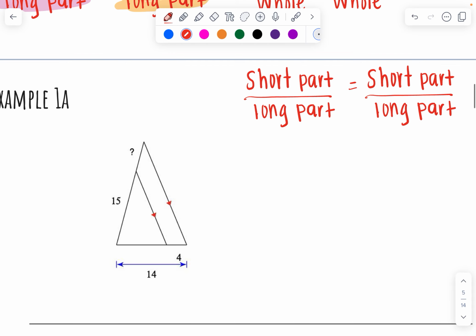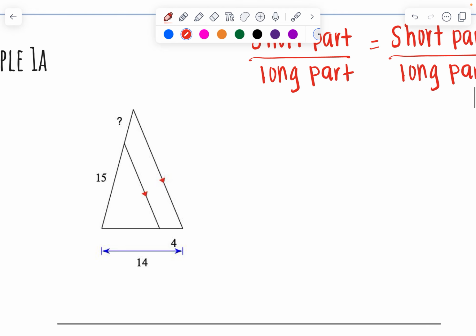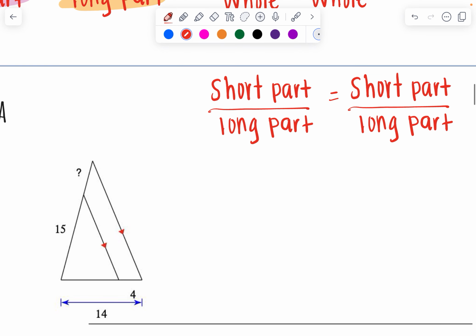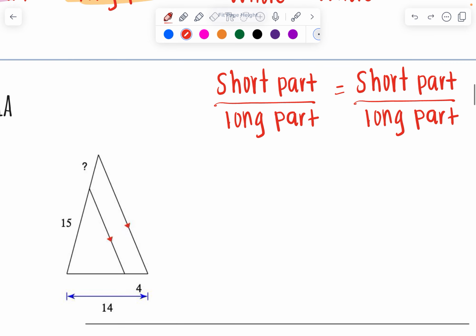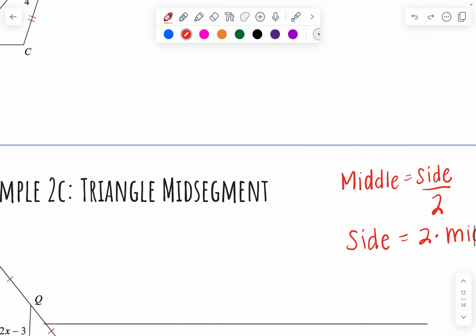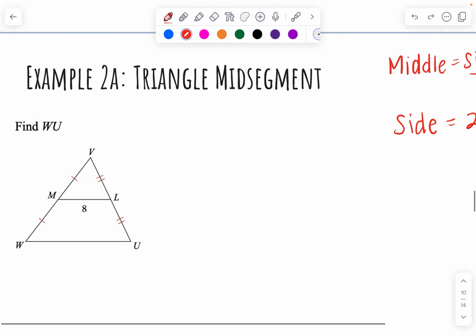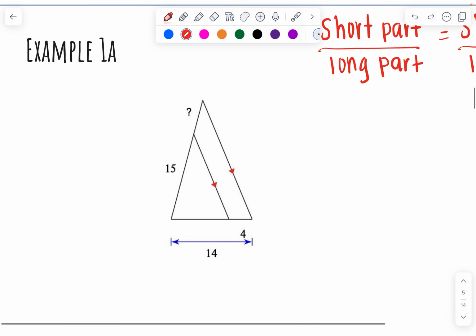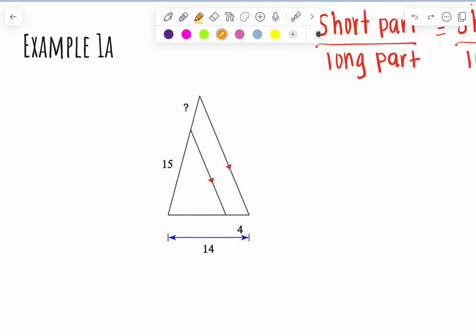If we look at this question, we need to decide whether we're going to be using short part over long part or part over whole. I need to know if we have 4 different pieces here, 1, 2, 3, 4 different pieces of our proportion. We need to know at least 3 of those 4 pieces in order to solve our proportion. So if I look here, I know that the short part on the bottom is 4.